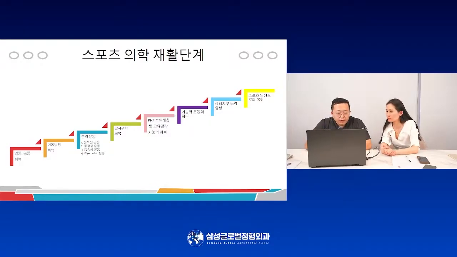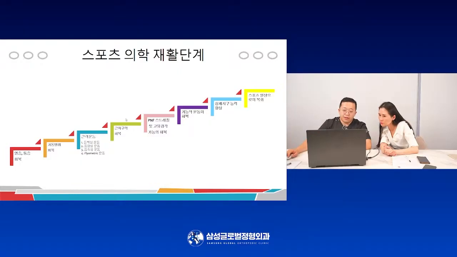So as we know, there are a lot of stages of recovery. Okay, first of all, after surgery or after injury, doctors consider their patient's state. The first step is recovering from the inflammation and the pain. The second step is recovery of the range of motion, and the third step is recovery of the muscular function.